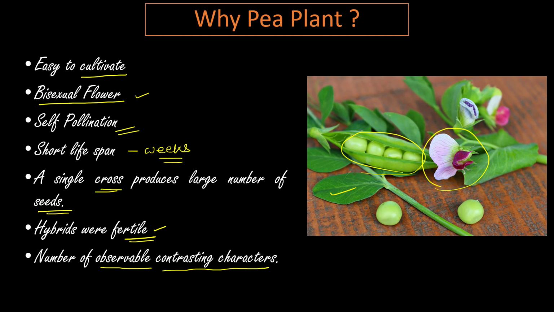So let us now talk about what these contrasting characters are and what the 7 characters were. When we talk about contrasting characters, we need to understand these are extreme traits, extreme features. If not extreme, we can say they are opposite features or opposite traits.